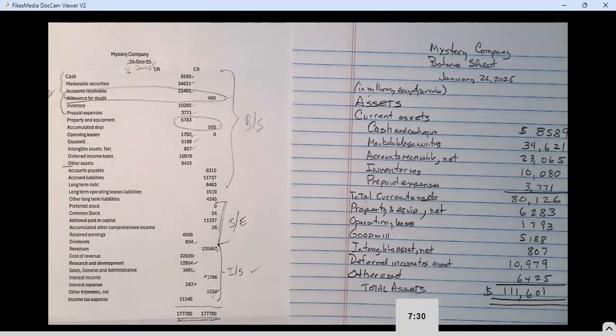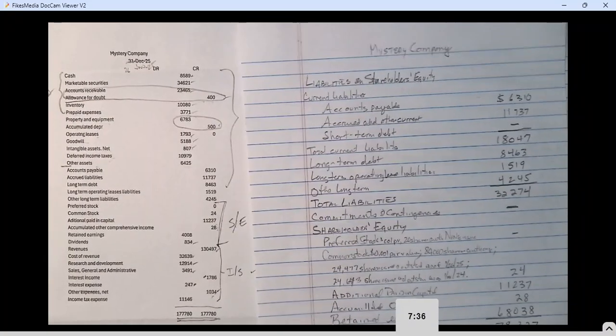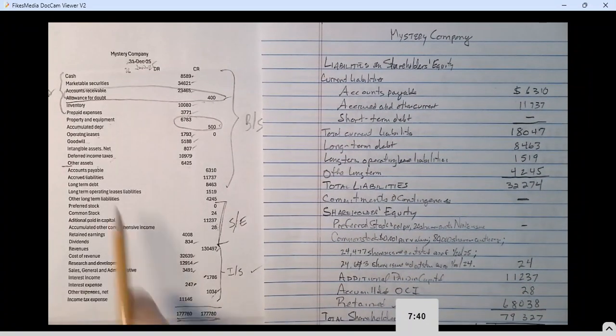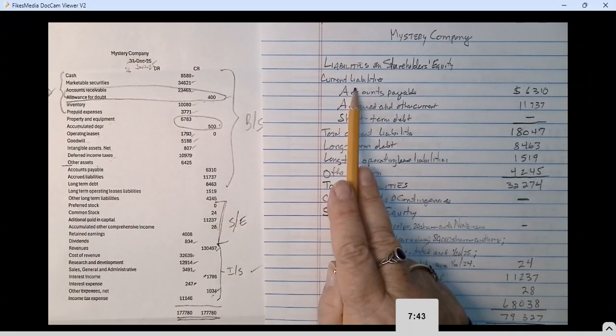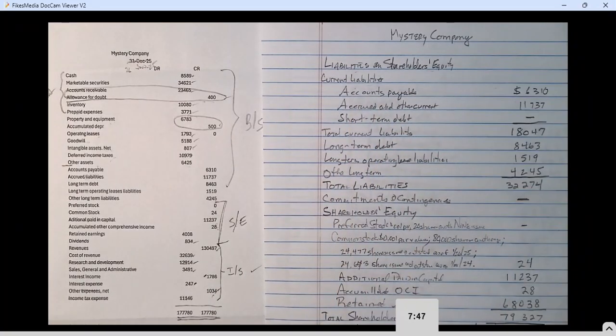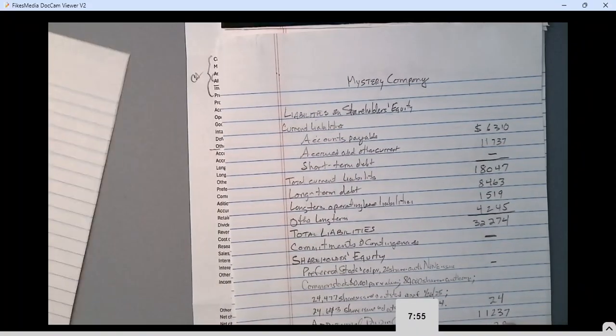Okay, so I'm going to take a shortcut here, and I'm going to show you the liabilities. Okay, so I've got liabilities. I've got current liabilities, liabilities and stockholders' equity. This is the second part of this particular statement. So it's the second page.